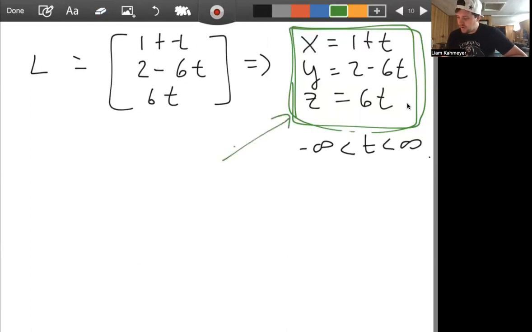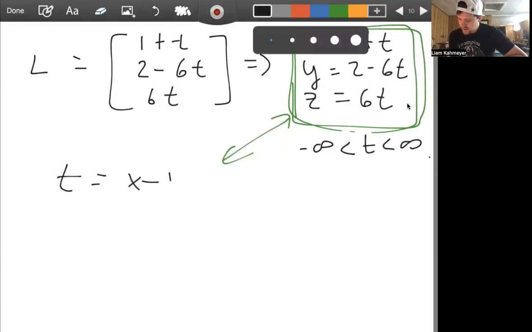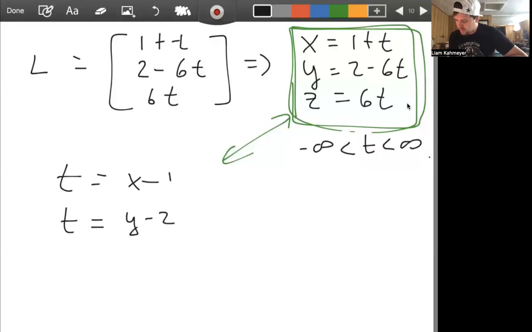So if we rewrote this component form to where we solve for t in each equation, well, the top equation would say t is equal to x minus 1, t would be equal to (y minus 2) over negative 6, and t would also be equal to z over 6, right?